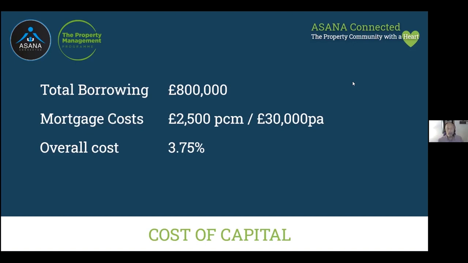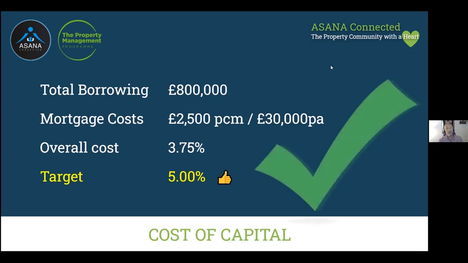As your property portfolio grows, start to think of it in more holistic terms rather than just property by property. And if all your modelling is at 5%, if every time you assess a property you assess it on a 5% cost of borrowing, then all is good in your world.